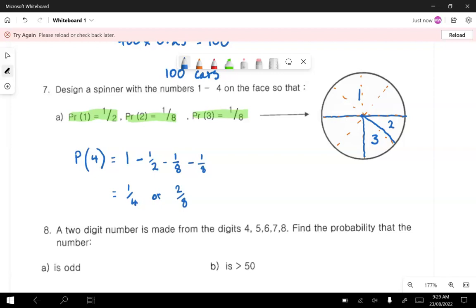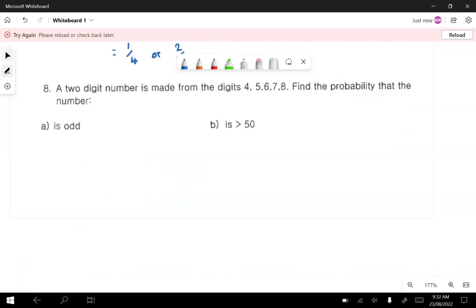So one potential answer is that this entire quarter here is all 4, or you might choose to answer this question by dividing this one into half and making both of these 8ths a 4. So either of those answers have got you your marks.